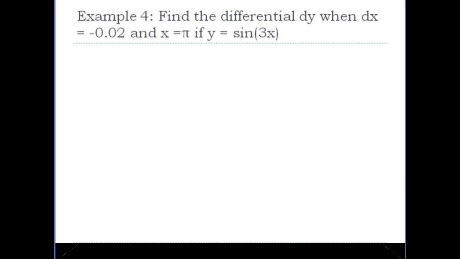So find the differential dy when dx equals negative 0.02. Now we're talking about sine squared of 3x. So dy, what's the derivative of sine?